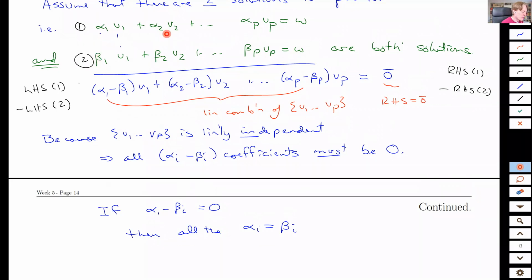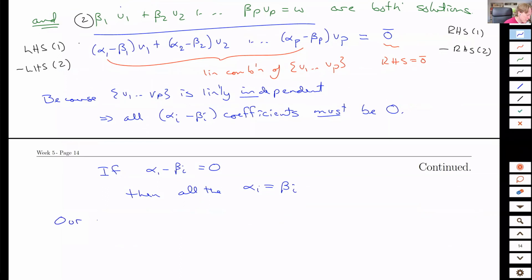Well, they're the coefficients for the different vectors. We said these were different solutions, but what we just showed is that in the end it's the same solution every time. These values for alpha 1, beta 1, alpha 2, beta 2, all the way up to here, mean that our two solutions are in fact identical, or they are the same solution.